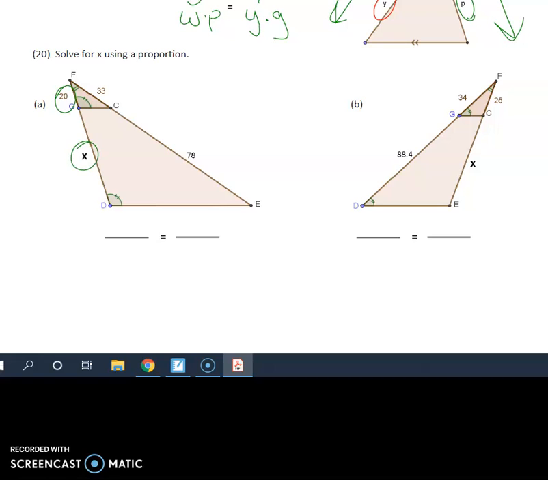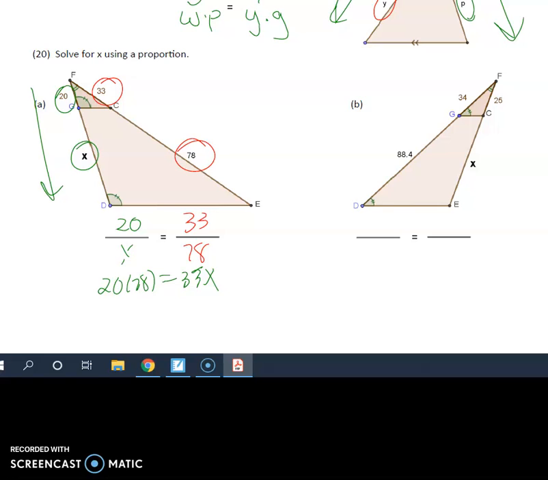All right, so on the one side, I'm going to pair up the 20 and the X. On the other side, I'm going to pair up the 33 and the 78. So I'm going the same direction, so 20 over X, 33 over the 78. Cross multiply. You get 20 times 78 equals 33X.